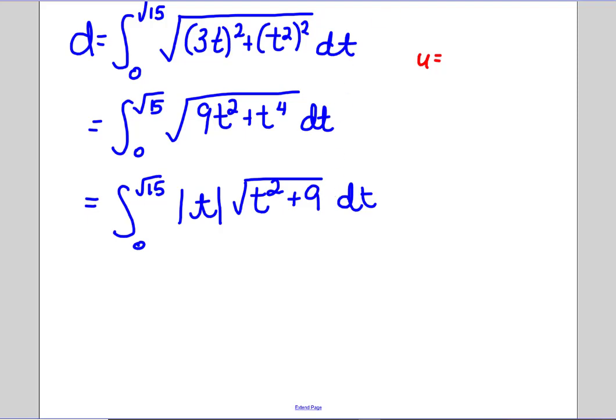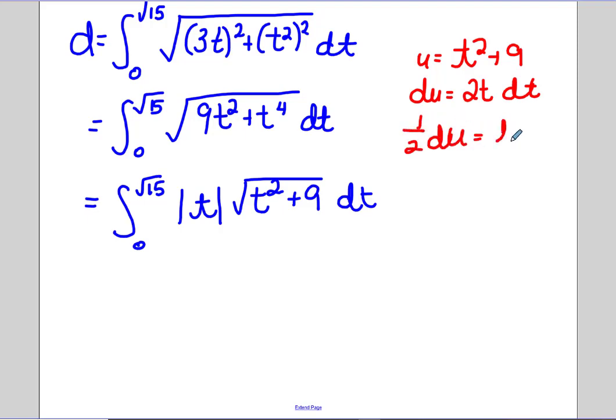Then we'll let u be t squared plus 9 and du is 2t dt. So we have 1/2 du is t dt. And the u of 0 is 9, so the u of radical 15 is 24.